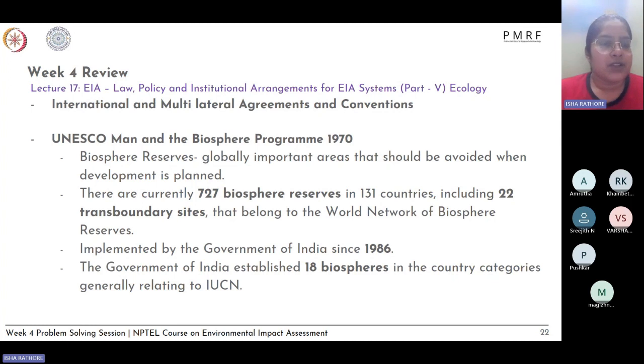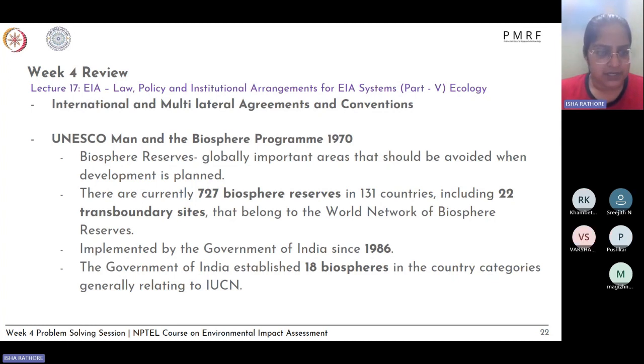Under this, biosphere reserves are globally important areas that should be avoided when development is planned. These are biologically very rich areas, so we don't want any development to happen. These areas should first be identified by the governments across the world, and then certain measures and strategy should be employed in these areas such that they are conserved and protected from any development activity.